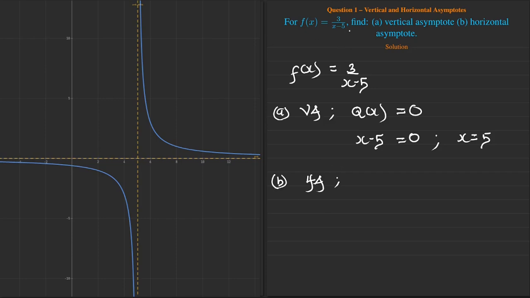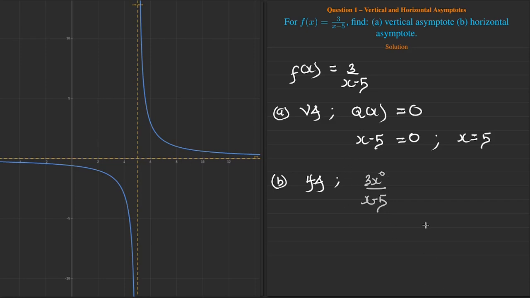For the horizontal asymptote, as we can see, the function can be rewritten as 3x to the power 0 all over x minus 5. As you can see here, the degree is 0, and the degree we have here is 1.